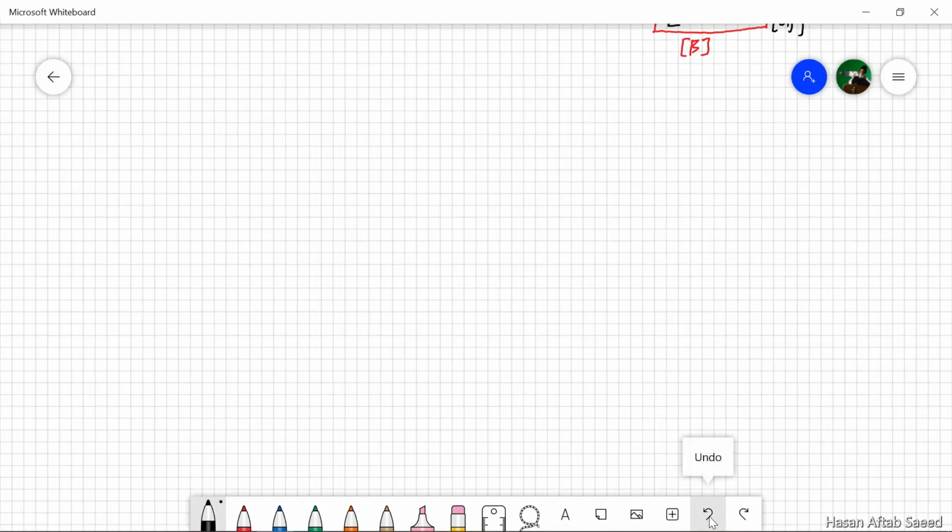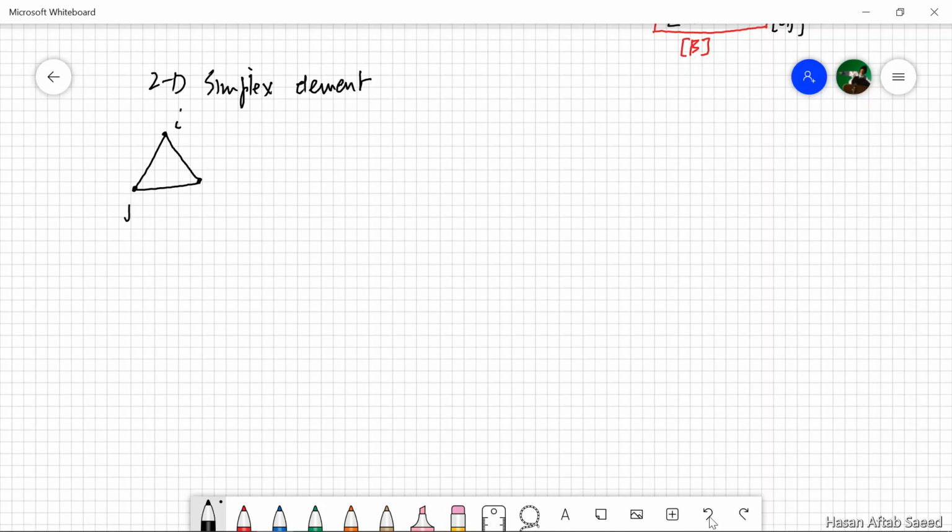Now let's take up a 2D simplex element. And for 2D element, we have a triangle, 3 nodes, simplex element called I, J, K nodes, and these are the coordinate directions.